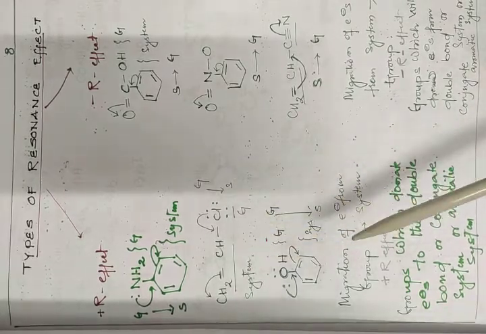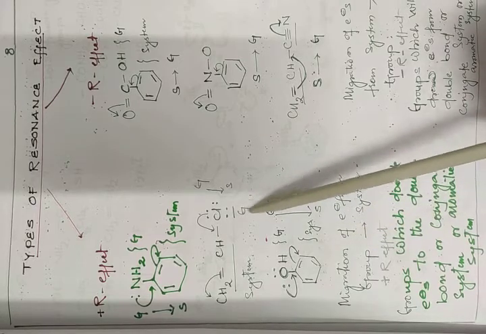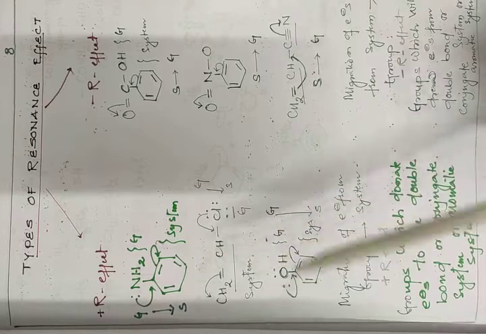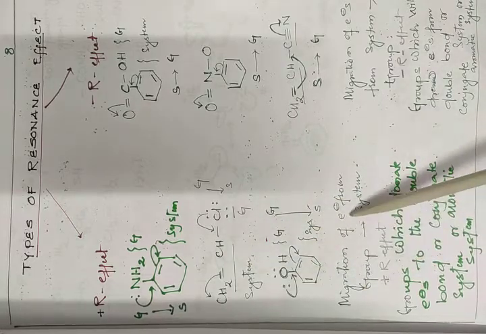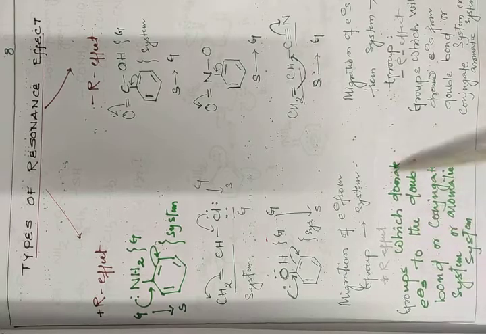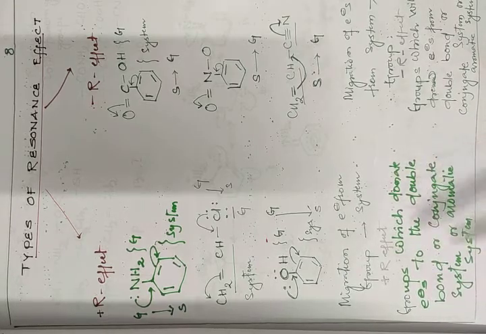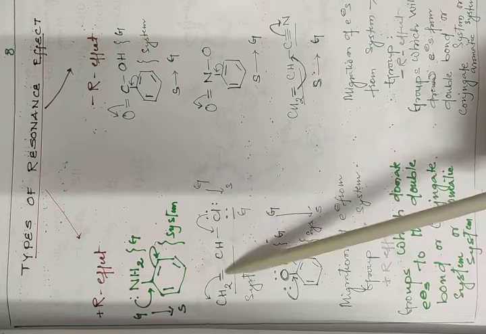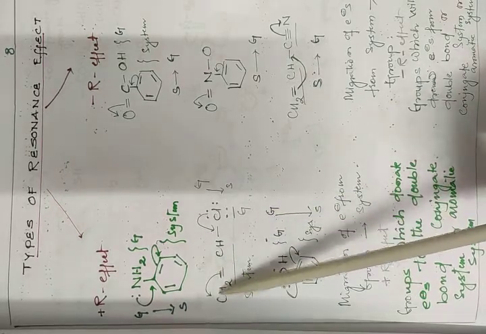We already know group to system from the previous example, so electrons migrate from group to system. The group which donates electrons to the double bond, conjugate system or aromatic system shows the plus R effect.